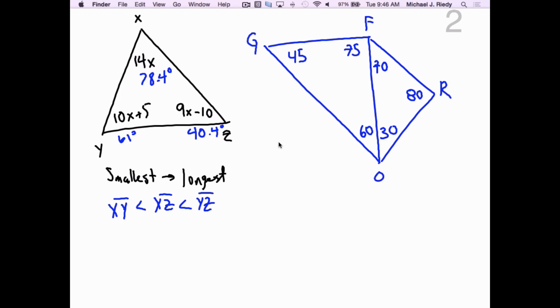In this picture, which side is the longest? Johnny? Angle R says 80, right? Yes, sir. Would it be FO? Are you asking me or telling me? No, it's FO. That's exactly what I wanted you to say. Thank you. That's not correct, though.